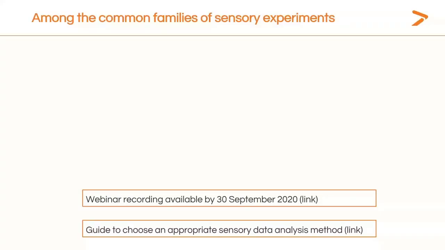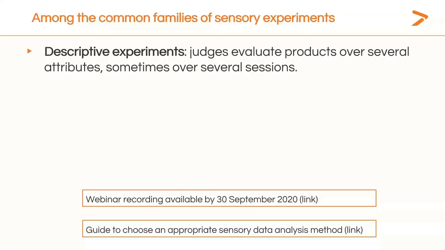We've seen another mainstream type of experiment, the descriptive experiments, where judges evaluate products over several attributes and sometimes over several sessions. Technically, this kind of experiment is a bit more complicated to implement than difference experiments, but you get a more thorough description of the products from the sensometric point of view.